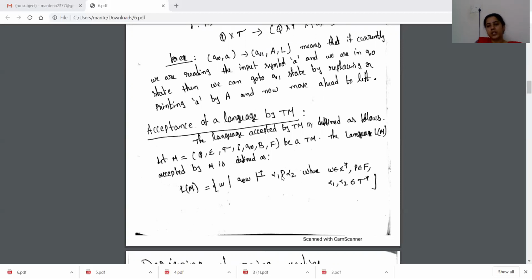There may be more than one final state in a Turing machine also. The main thing is that from the starting state, on reading the given input string, we have to reach the final state. Then we say that the string W is accepted by the Turing machine.